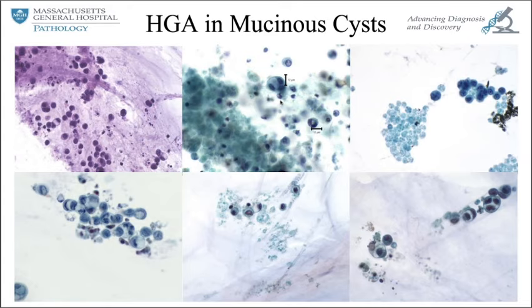But again, the benefit of saying neoplastic other over suspicious for malignancy is that it puts it in a category where the clinician can decide on surgery based on many other parameters that we may not be aware of, such as the patient's risk for surgery, comorbid conditions, age, desire. They may say, you know what, it looks low risk by imaging.